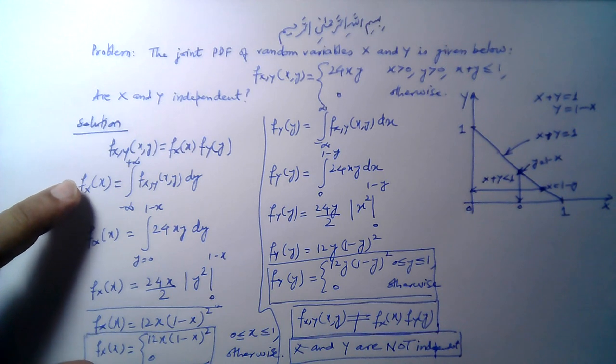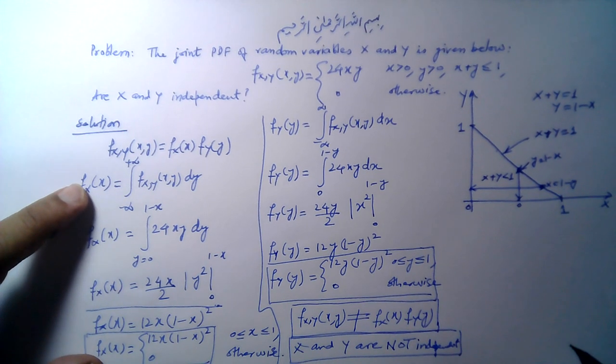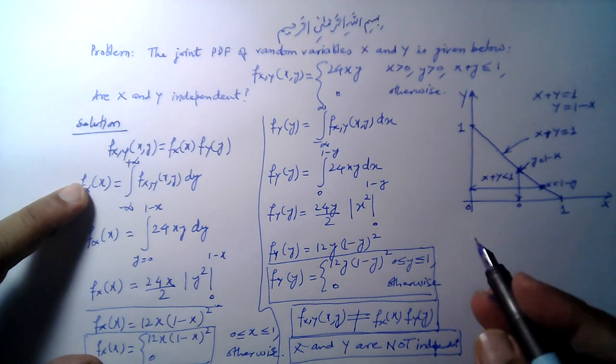Now it will be interesting to find out the covariance of these random variables and to see whether they are correlated or not. If the covariance is 0, then the random variables are uncorrelated, right? And when the covariance is not 0, then they are correlated, right?